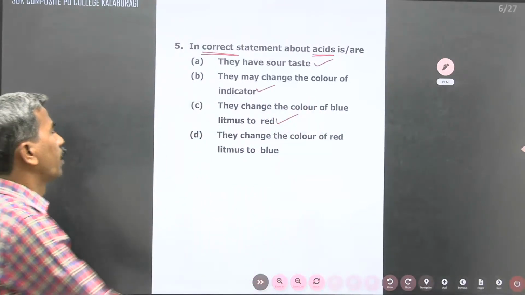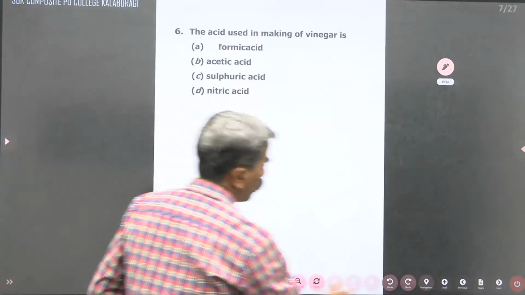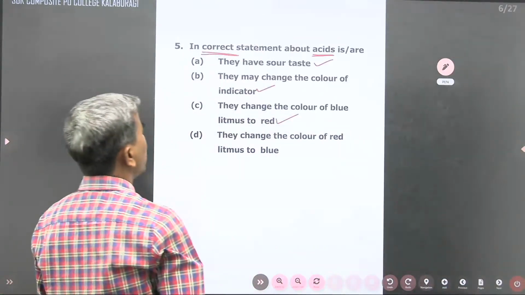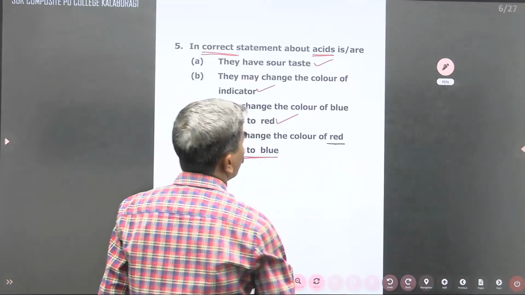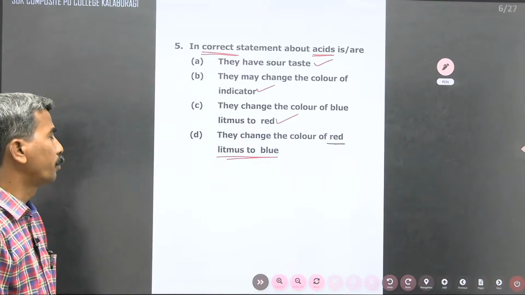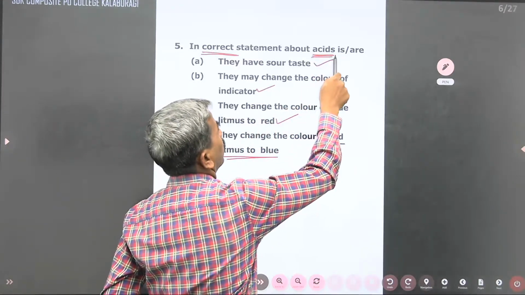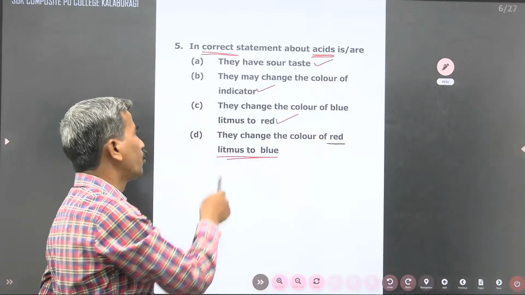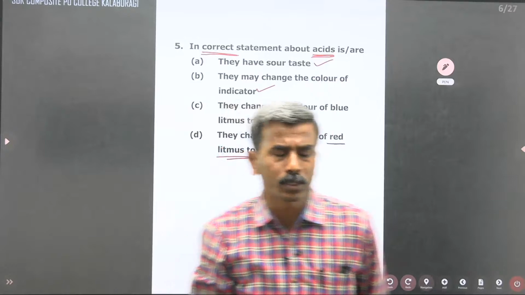Next, they change the color of red litmus paper to blue. This is not correct, which is an incorrect statement, because they are asking about acids. This is related to bases, as in the previous question.